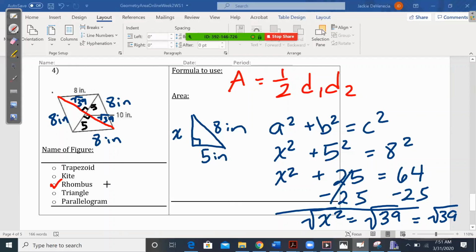So to find D2, I need to do the square root of 39 plus the square root of 39, which is just 2 square root 39. All right, so now that I have everything, I can start plugging things in.